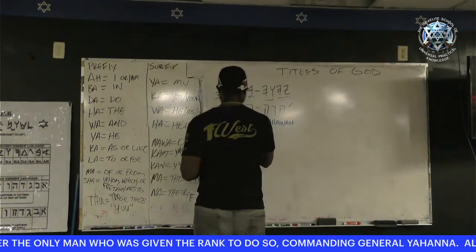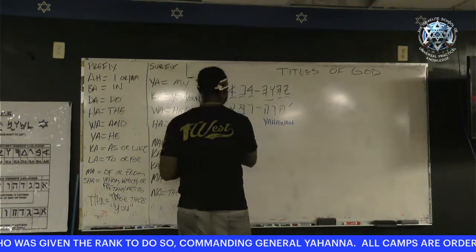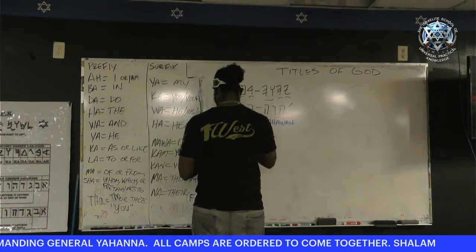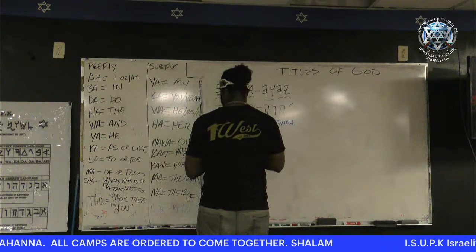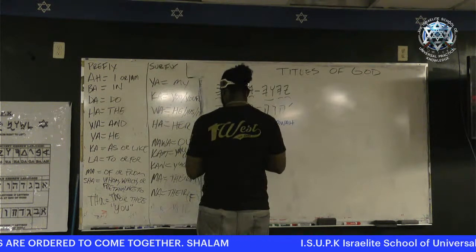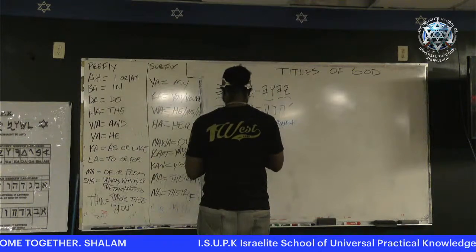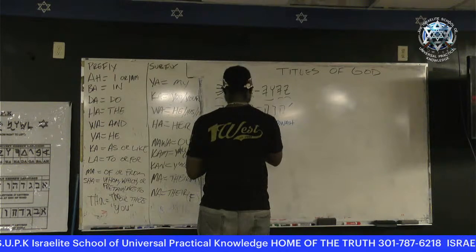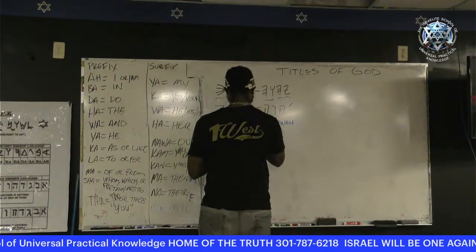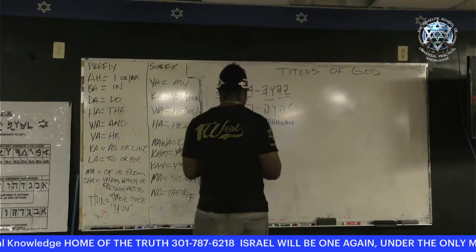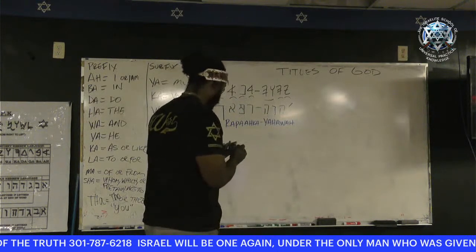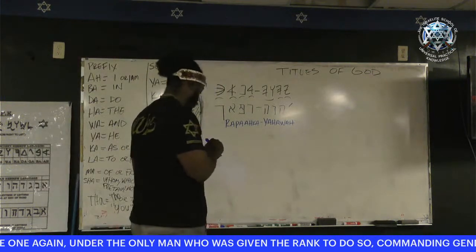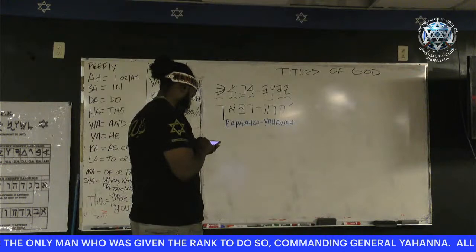There he made for them a statute and an ordinance, and there he proved them. Verse 26. And said, if thou wilt diligently hearken to the voice of the Lord thy God, and wilt do that which is right in his sight, and wilt give ear to his commandments, and keep all his statutes, I will put none of these diseases upon thee, which I have brought upon the Egyptians, for I am the Lord that healeth thee.